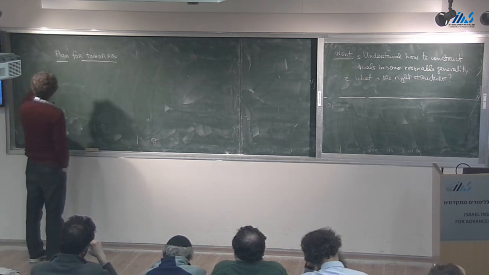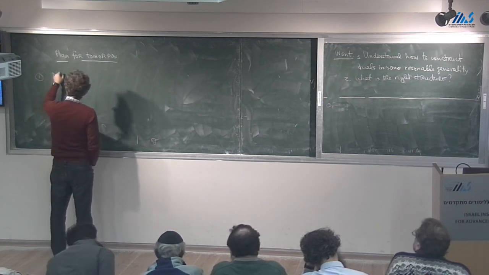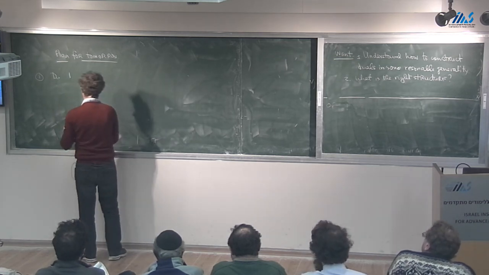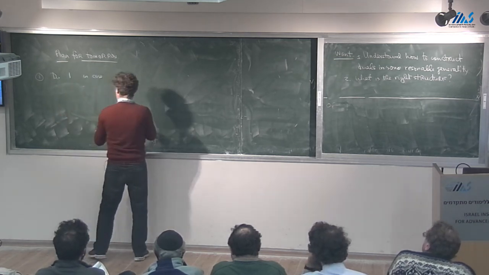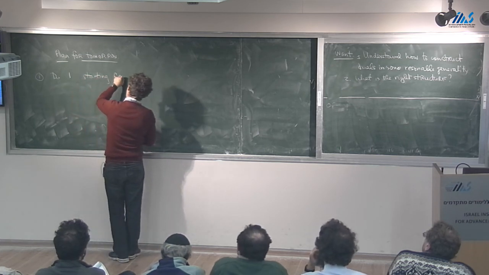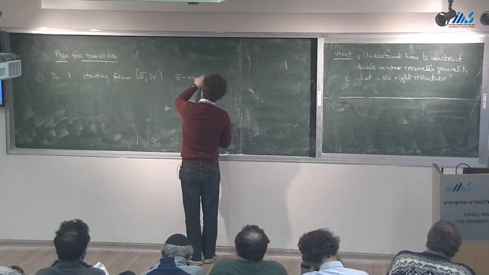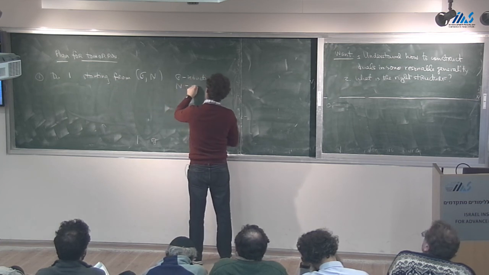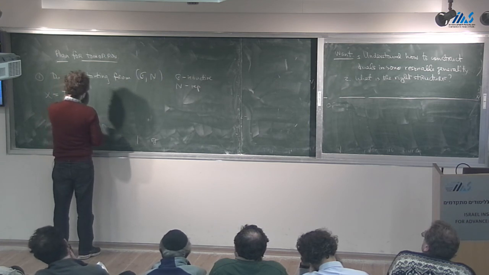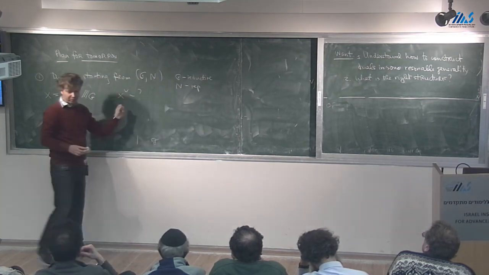First, do the case starting from a pair (G, N), where G is a reductive group and N is a representation, and in this case X will be T star of N reduction by G, and X check will be something, and this is what I'm going to explain.